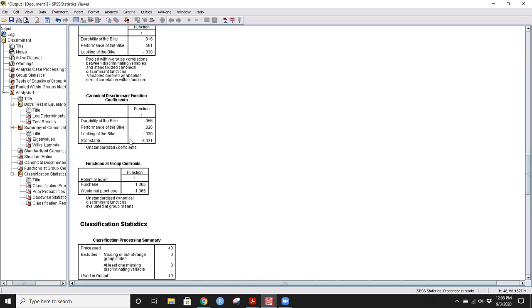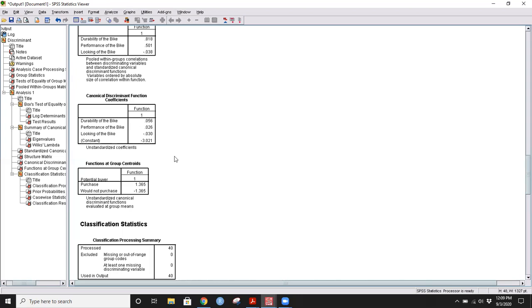I have information on what the person gave for durability, performance, and looking of the bike. Each of these independent variables, multiplied by these weights, also known as the discriminant coefficients, gives me a discriminant score for that customer. Now you need a guiding rule, the rule which will guide you how to classify your cases.